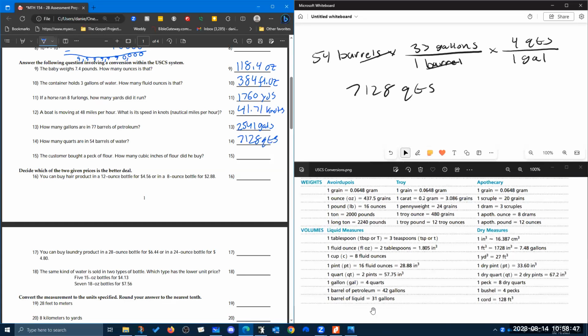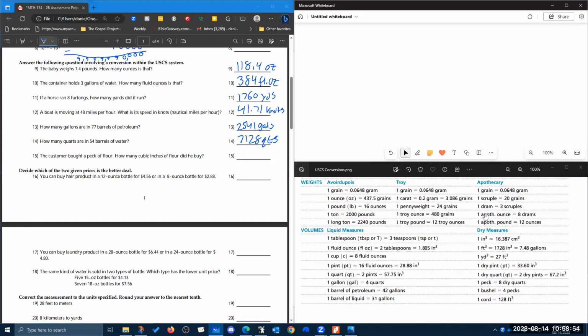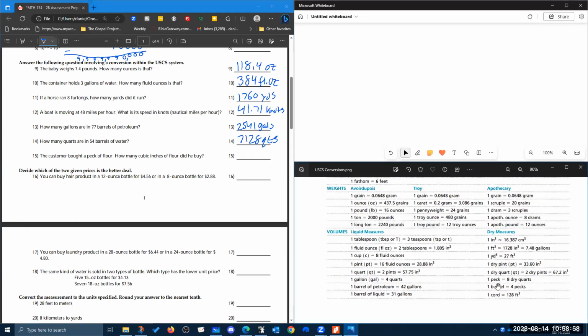If a customer bought a peck of flour, how many cubic inches did they buy? So 1 peck right here is 8 dry quarts.